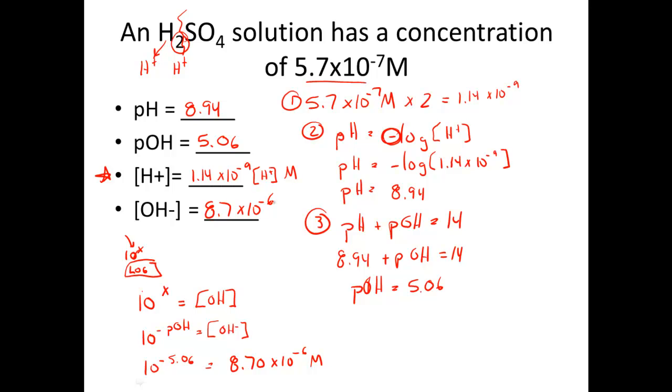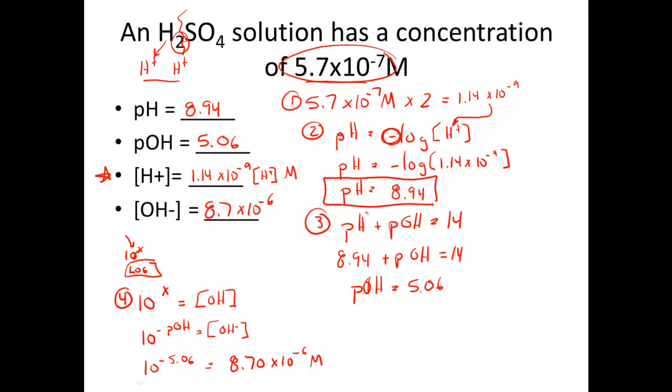Alright, dudes, that is where I'm going with this. It's a 4-step process. First step, double my concentration of my acid, because I had a polyprotic acid producing 2 H's. Once I did that, I substituted that number into the H plus ion concentration and found the negative log of that and got my pH of 8.94.